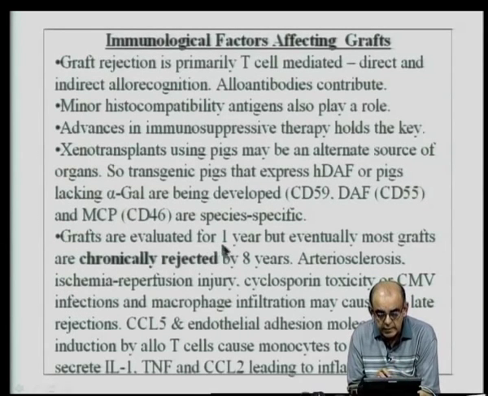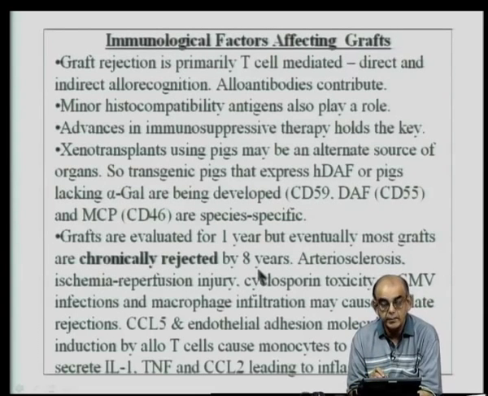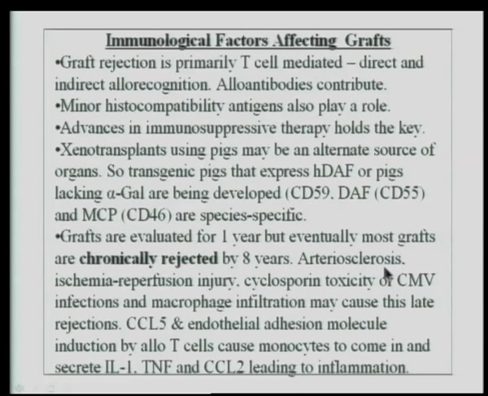Now, the grafts are evaluated as I told you earlier for 1 year, but eventually most grafts are chronically rejected. Chronically means slowly being rejected over a long period of time, by about 8 years. Many of the reasons for graft rejection are arteriosclerosis, meaning blockage of blood vessels, and ischemia-reperfusion injury that occurs when you are suturing the graft inside, because you are cutting the blood vessel and then suturing them.